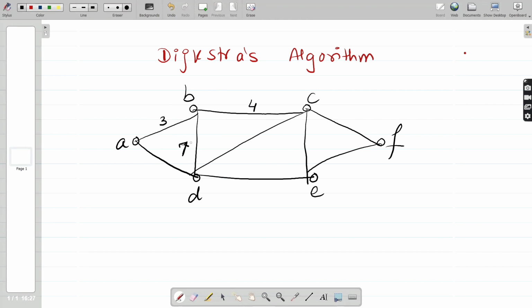First of all, this algorithm can be used for a connected graph. Connected graph means every pair of vertices is connected. Now, what do we mean by connected vertices? Connected vertices are the vertices where there is at least one path available.